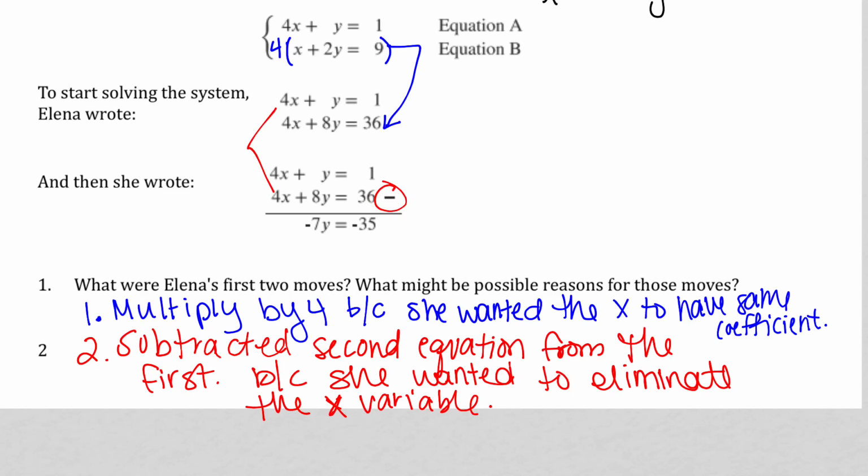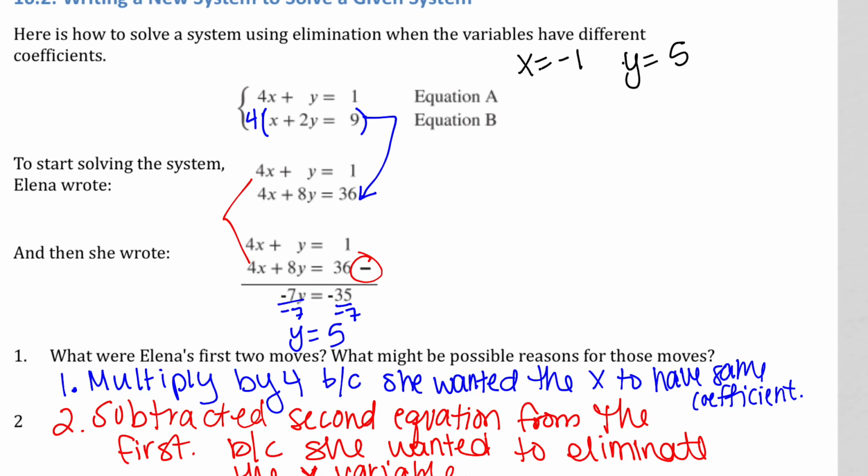What's attached to my y? What do I need to do to get it isolated? Divide. We're going to divide by -7 on both sides. Y equals, what's -35 divided by -7? 5. Okay, how do I find my x value?